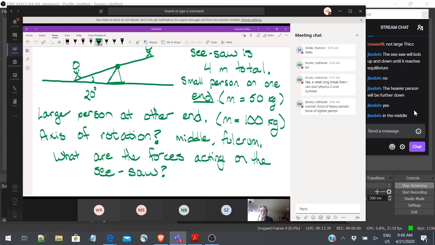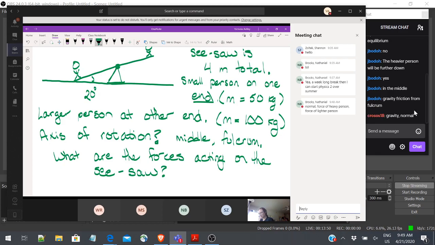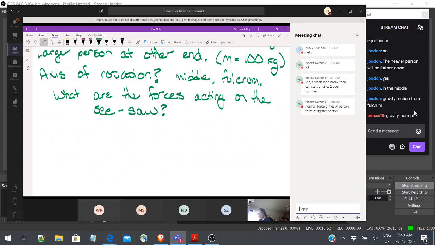Normal, force of heavy person, force of lighter person. Okay. And also the weight of the seesaw itself. We're going to go with frictionless for our fulcrum here. So we have the weight of the seesaw.